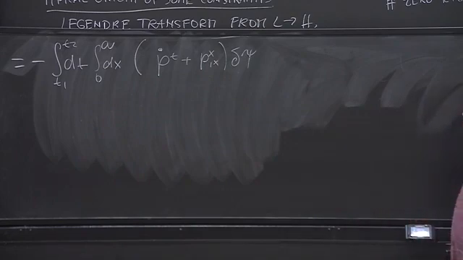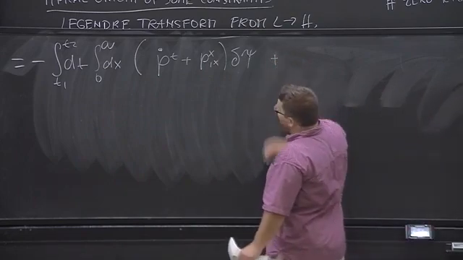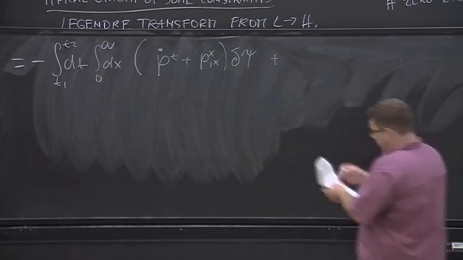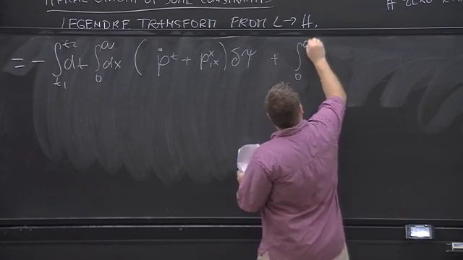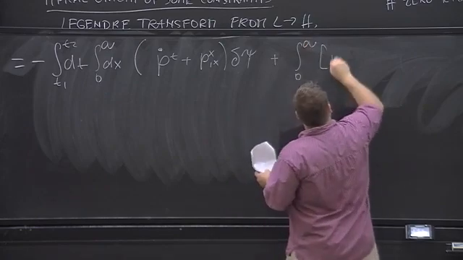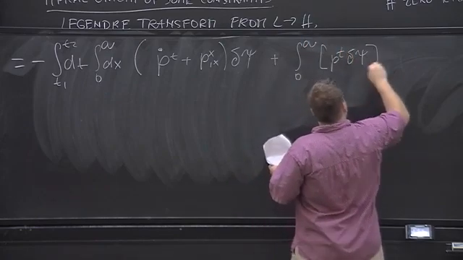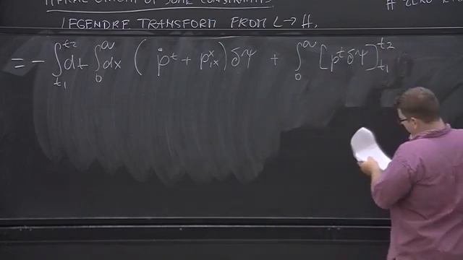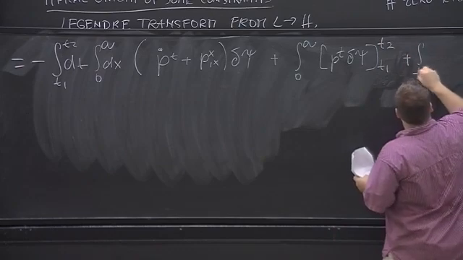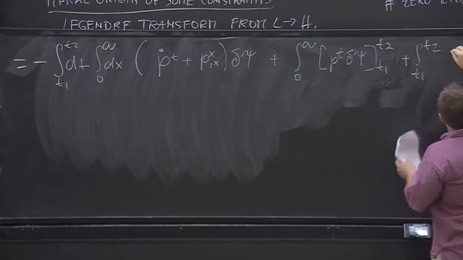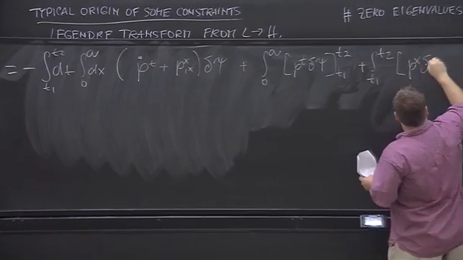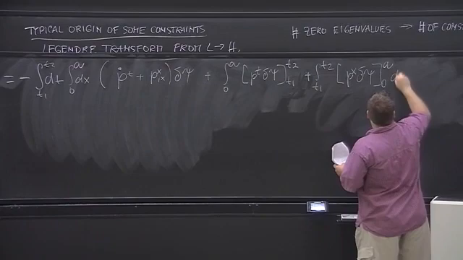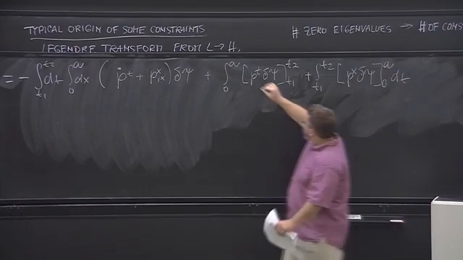And then you pick up the boundary terms. But in one case, the boundary term is over t, and in the other case, the boundary term is over x. So 0 to a, p_t delta ψ, t1 and t2, and then plus t1, t2, dt, p_x delta ψ, 0 to a.